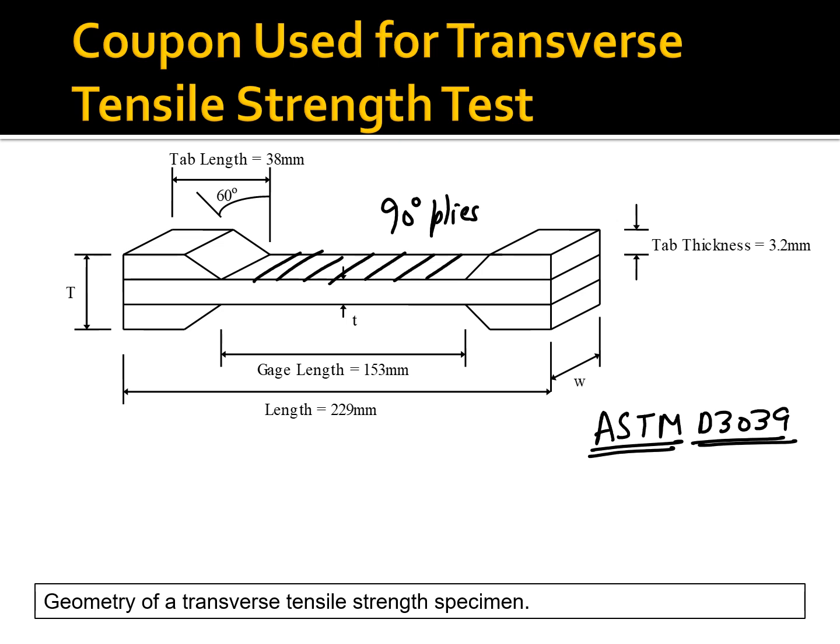Because the 90-degree plies will fail at a lower load, if we use the same number of plies, like the 6 to 8 plies in the longitudinal experiment, we use 16 plies instead. That way the load at which it will fail will be a little bit higher than if we only used 6 to 8 plies, as in the longitudinal tensile strength test.